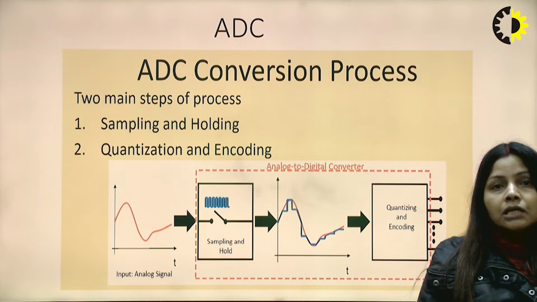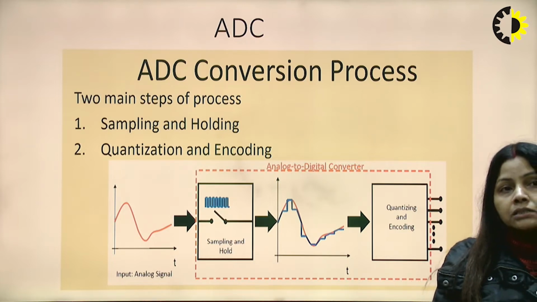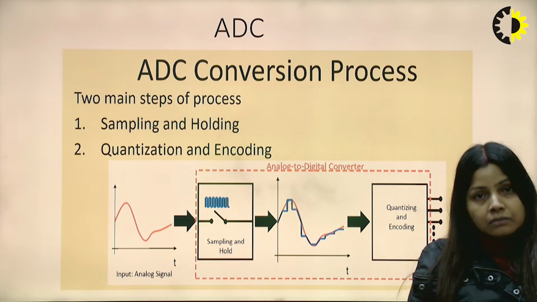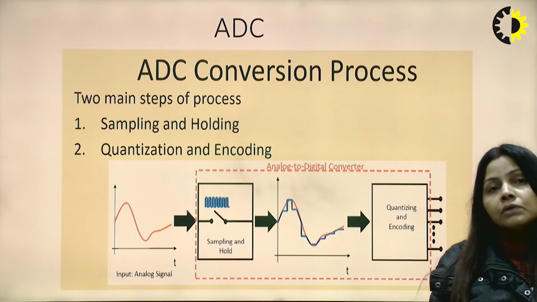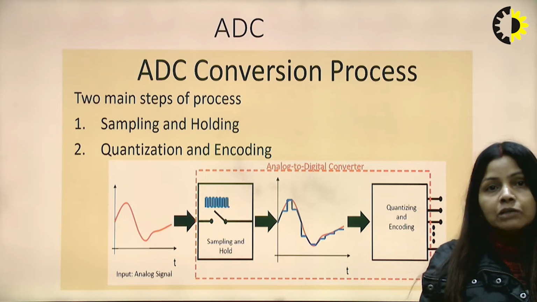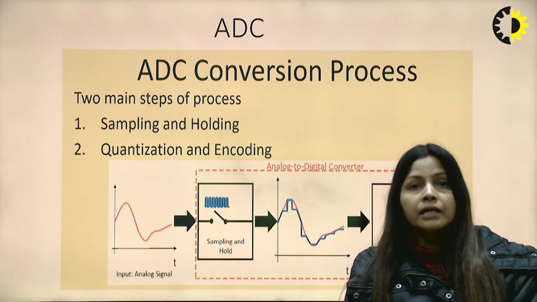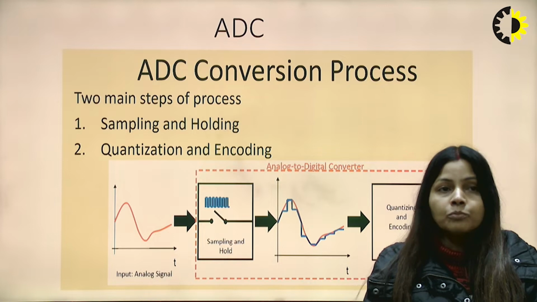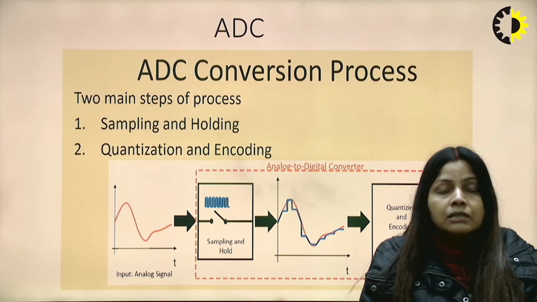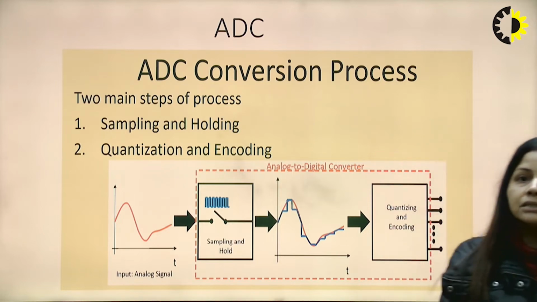First, the analog input is sampled using a sample and hold circuit, then the held or sampled values are quantized, and these quantized values are then encoded, and hence we get the analog to digital converted output. So basically three steps are involved: first is sampling, second is quantizing, and third is encoding.